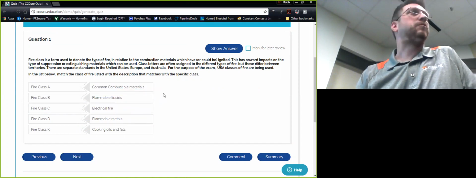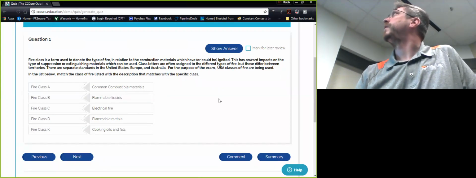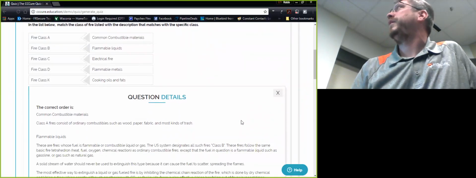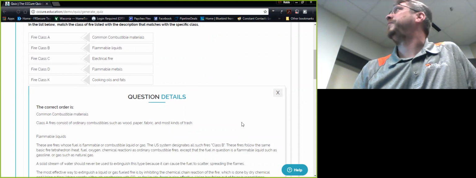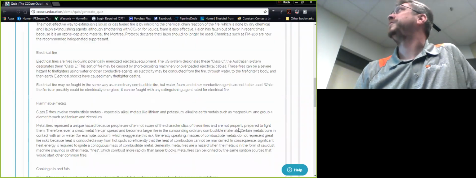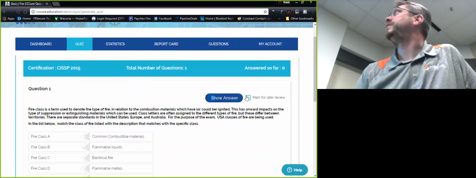That's common combustible, right? No. Yeah. Ash. There you go. And then kitchen, and then metals is the other one. Class A is common combustible, flammable liquid, electrical, flammable metal, and cooking oils. Got it right.